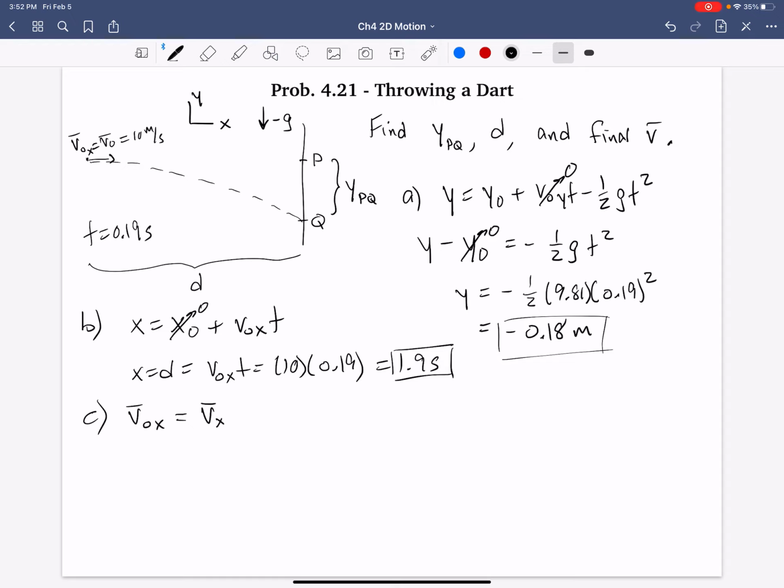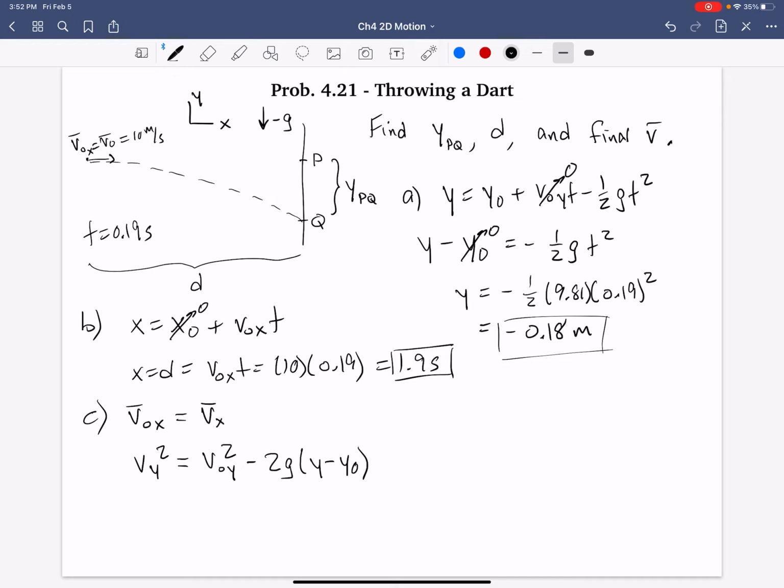Vertically, that speed will change. There's a force in the vertical direction. So how can we find vy in this case? We need an equation with vy in it, and the one that comes to mind is the one that's squared. So vy squared equals v naught y squared minus 2g times delta y.